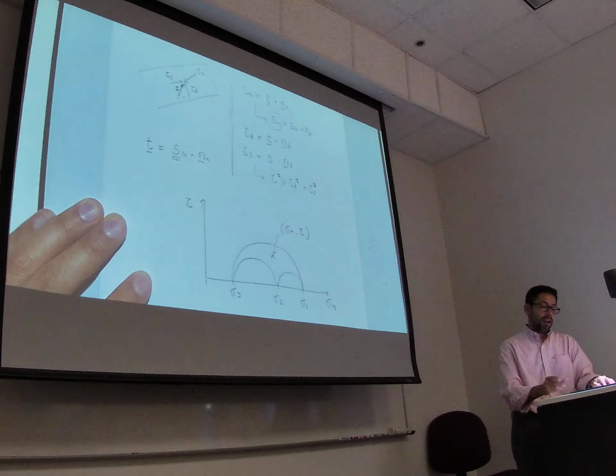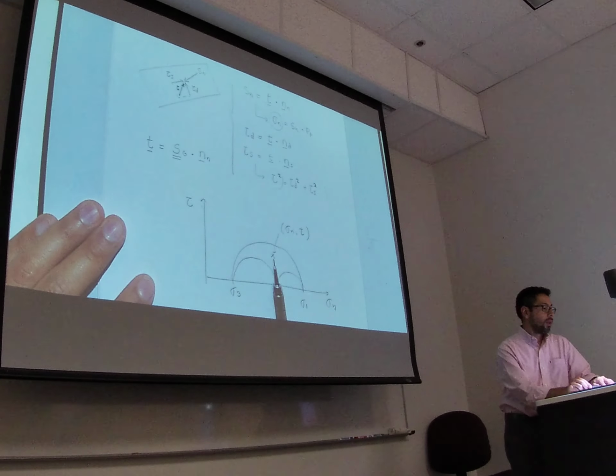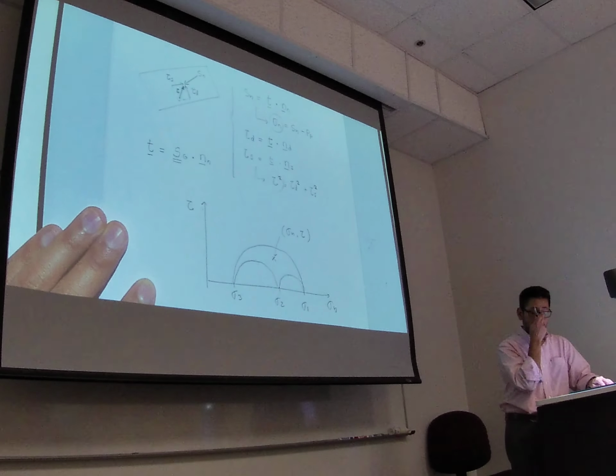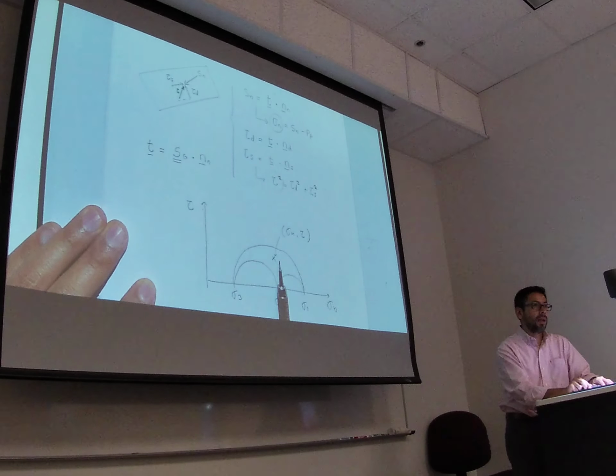So if I gave you a fault or a fracture with a given strike and dip, using all the linear algebra that we just showed, you can calculate this point. And you can tell where that is in that 3D Mohr circle.